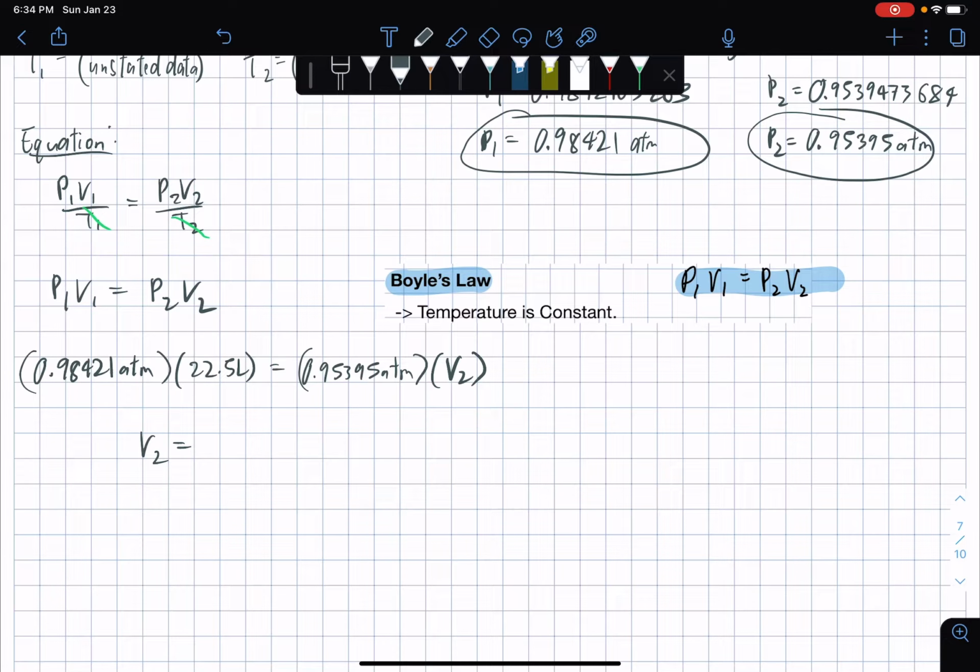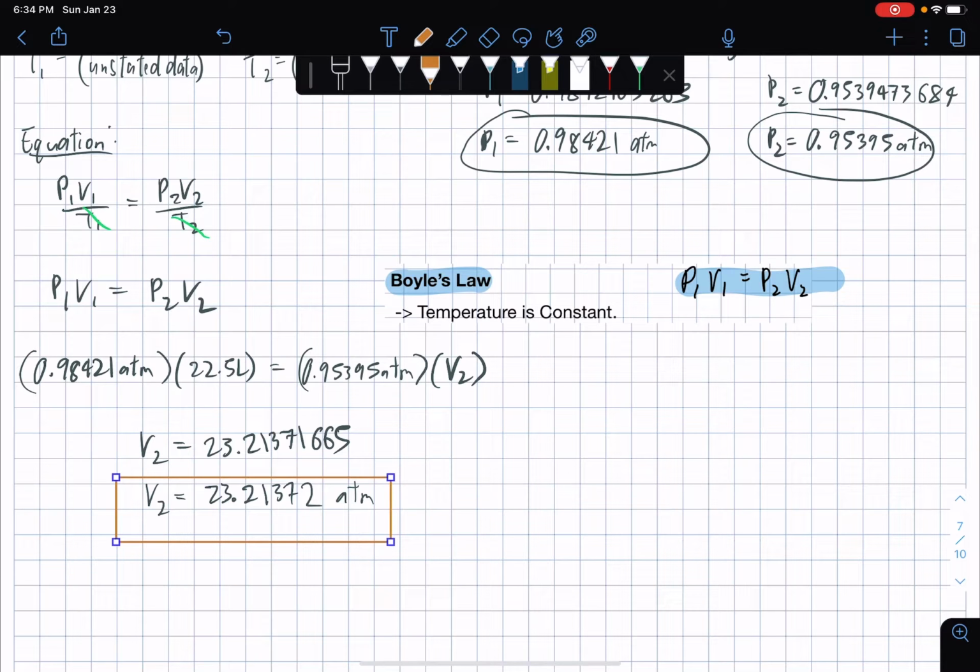We will get 23.21371665, such that if we round that off to 5 significant figures as usual, we get 23.21372 and place the liters unit. This is our final answer.